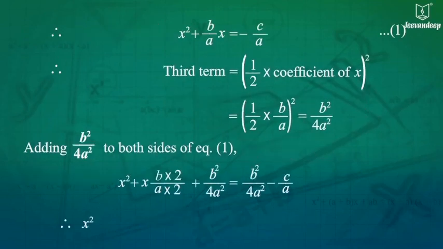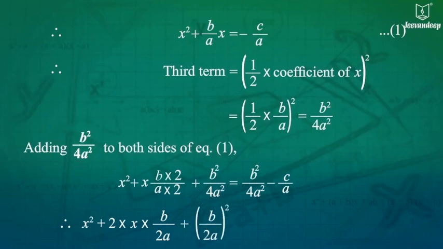Or x square plus 2 into x into b upon 2a plus b upon 2a whole square is equal to b square minus 4ac upon 4a square.